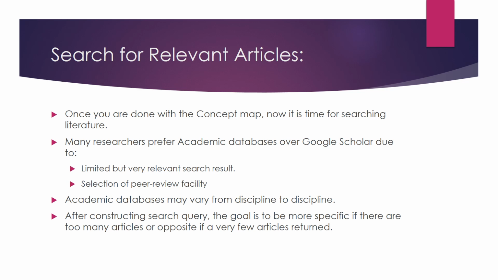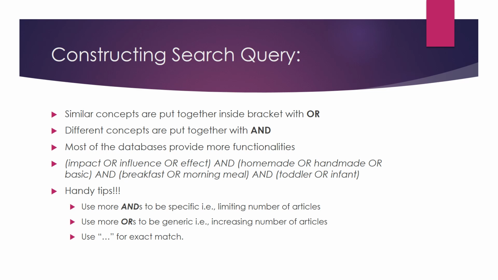The next step is you have to construct a search query, and after constructing the search query, the goal is to be more specific if there are too many articles, or the opposite if very few articles are returned by the search result. So now let's have a look at constructing a search query.